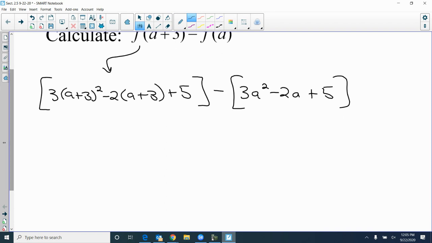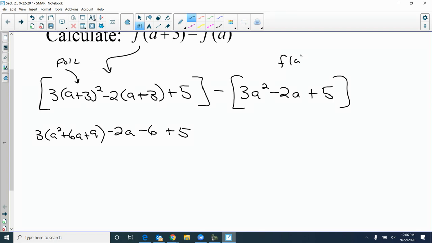All right, FOIL. Right here, and when you FOIL, you get a squared plus 6a plus 9. Distribute your negative 2: negative 2a minus 6 plus 5. And here's what I would tell you to do. You have minus this f of a, whatever f of a is, but you have to treat it as if it's in parentheses like we have it written. Then that becomes minus 3a squared, minus a negative 2a is plus 2a, minus positive 5 becomes minus 5.